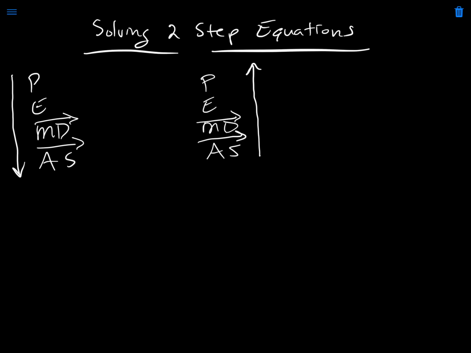So the best way, of course, to show that is you have to understand where this is, obviously, order of operations. But you also have to understand something called inverse operations as well. So let me clear this out.